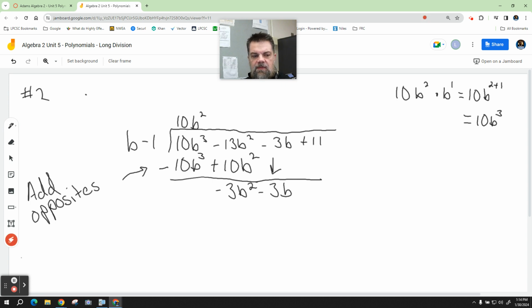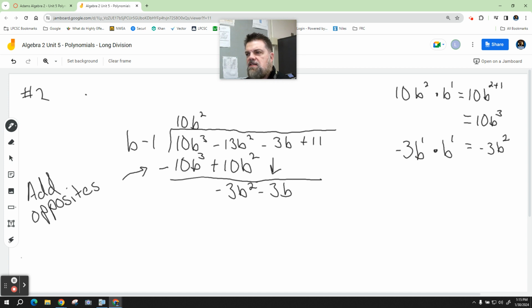Okay, again, I'm going to think, what do I multiply b by to get negative 3b squared? And so what you should be thinking in your head is I'm going to take something and multiply it by b, and it has to equal negative 3b squared. Well, I know that negative 3 goes here, and then probably b to the first, right?